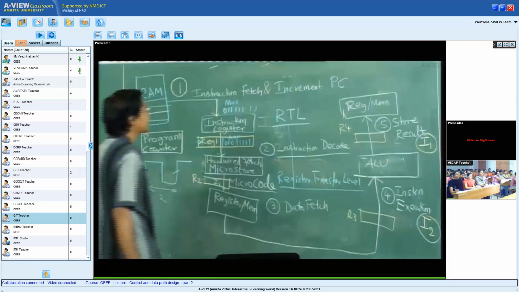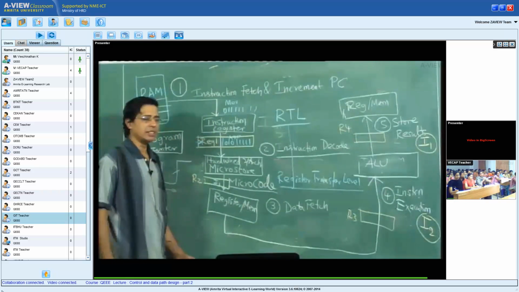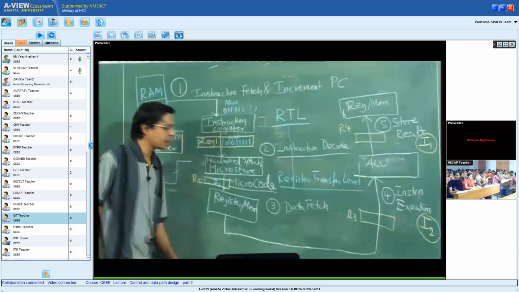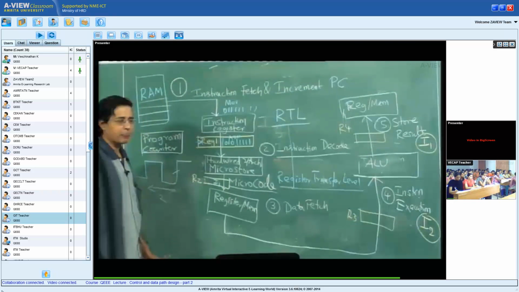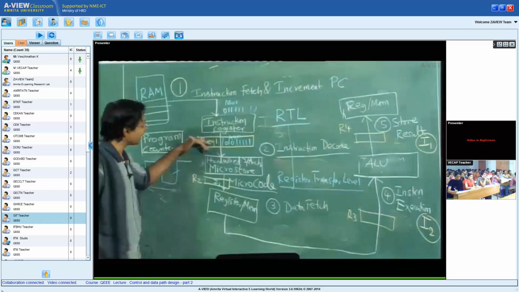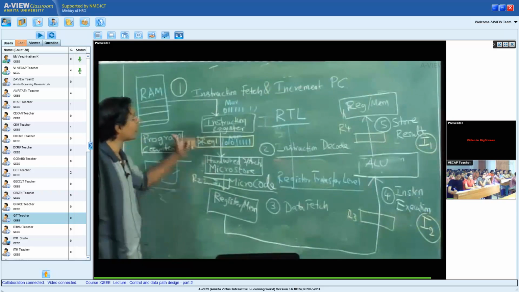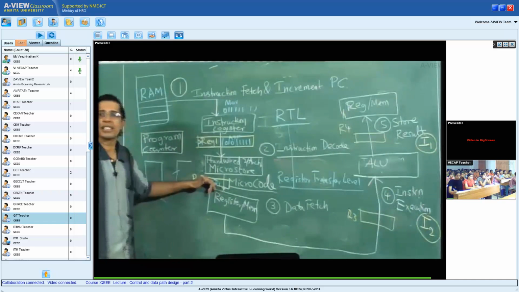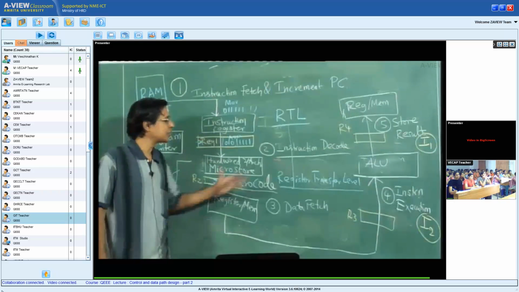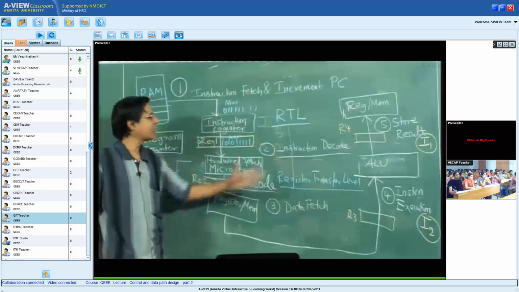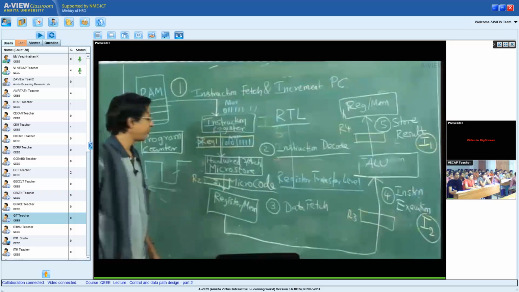Why this word register transfer level? The word has its origin from this pipelining concept, wherein between one stage of the pipeline and another stage of the pipeline, the data moves from one register stage to another register stage. The data is transferred from one register stage to another, and that is why this particular way of describing the hardware is termed register transfer level. Okay.